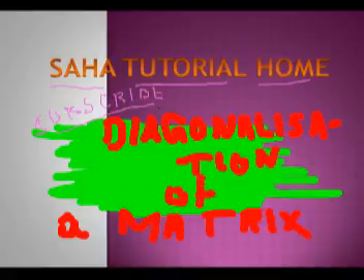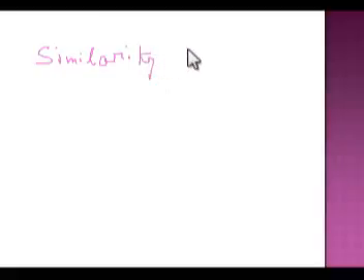Diagonalization of matrix. First, we need to know about similarity transformation. Similarity transformation is between two square matrices.